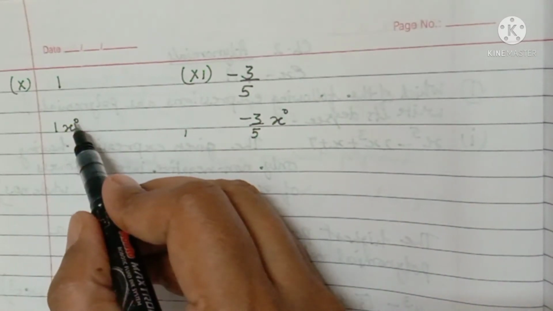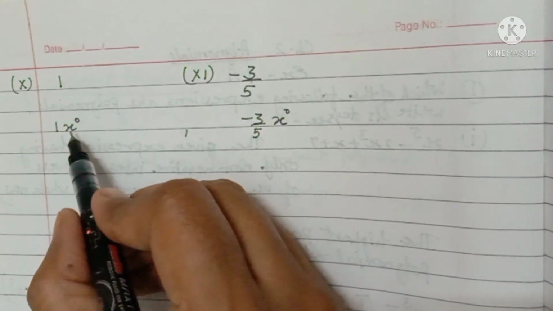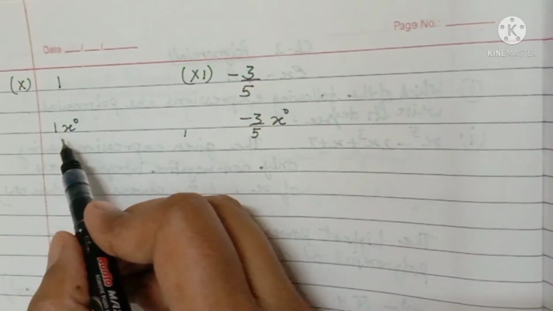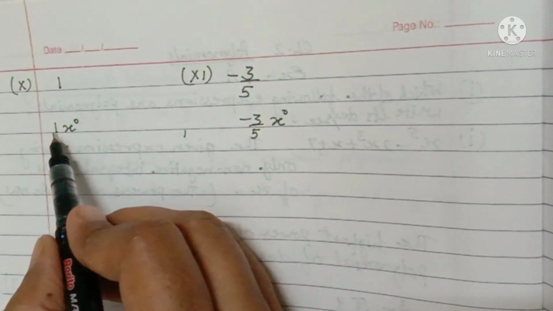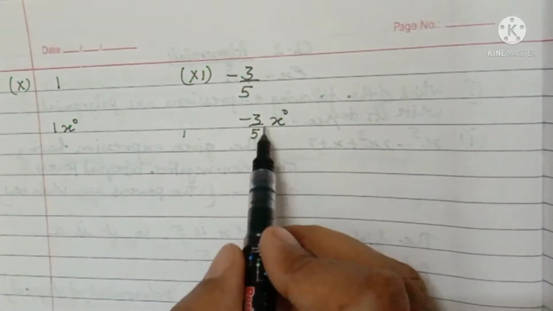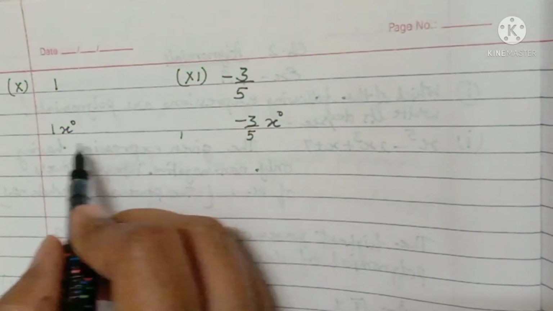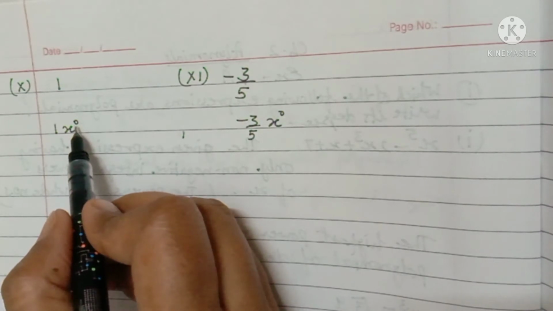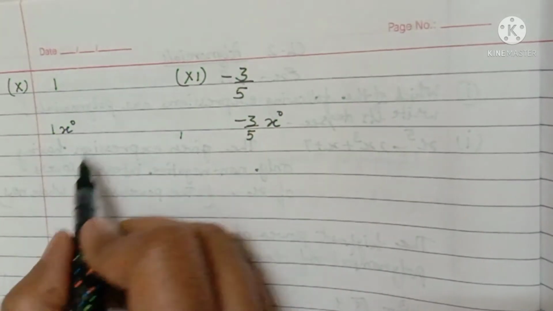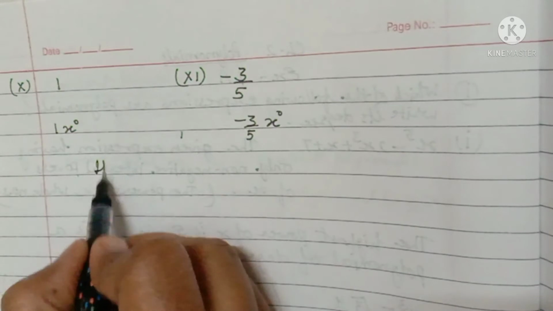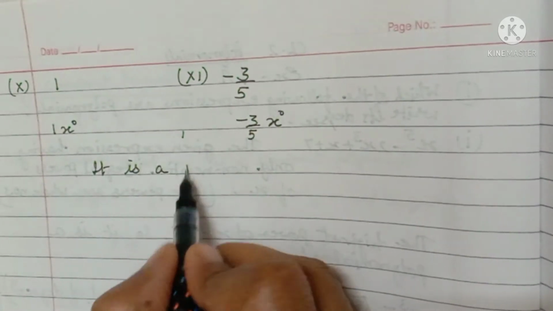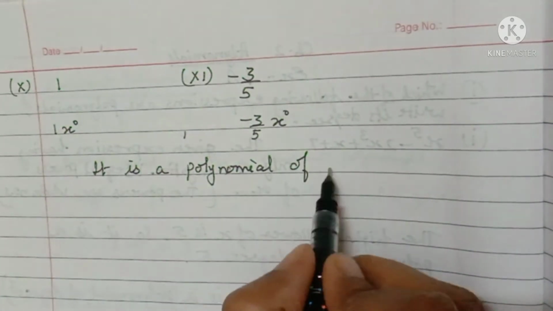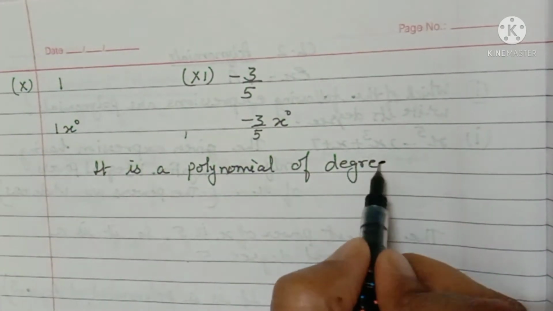The value of x to any number having the power 0 will be equal to 1. So this is a polynomial of degree 0. This is also. The power 0 comes in the whole numbers, so you can write that it is a polynomial of degree 0.